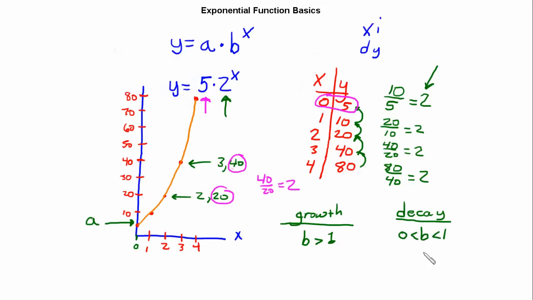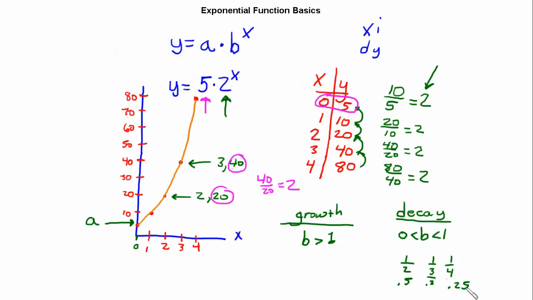For example, if our b value was a half or a third or a fourth, anything between 0 and 1, it's going to be a fraction. In this case, our decimal would be 0.5 if we had a half. It would be 0.3 repeating if we had 1/3. 1/4 would be 0.25, for example.